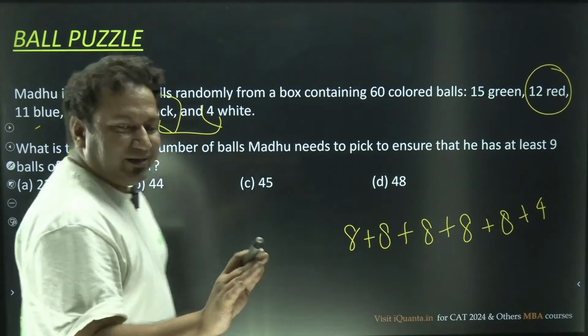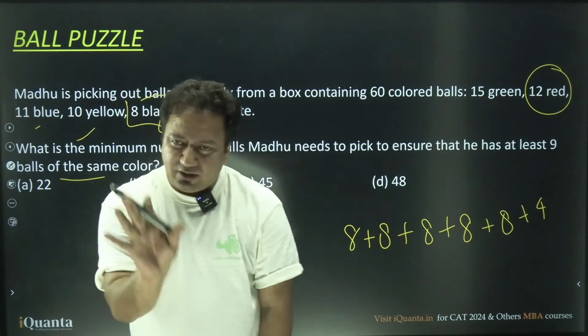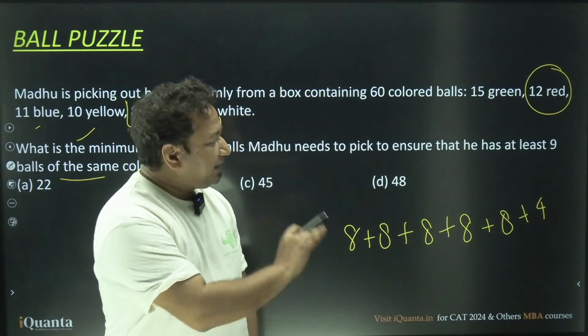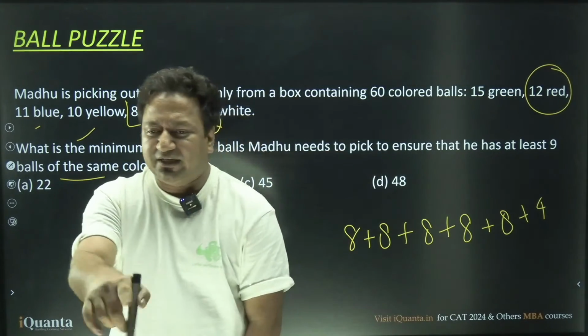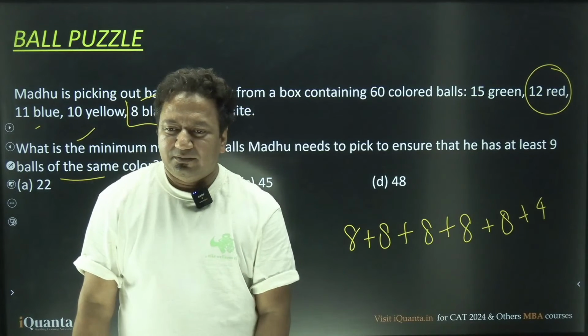Understood? The worst that can happen is I get 8 balls of all the colors, but I don't get the 9th ball. Isn't it?